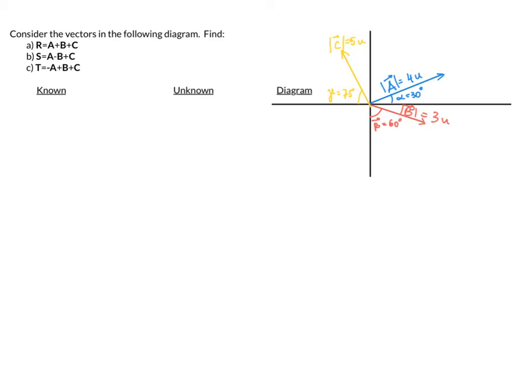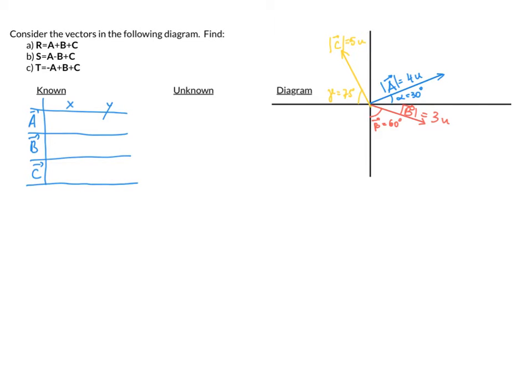So I'm going to make a table with x components and y components, and then I'll have vector A, and I'll have vector B, and then I'll have vector C. So then I can solve for the x and y components.